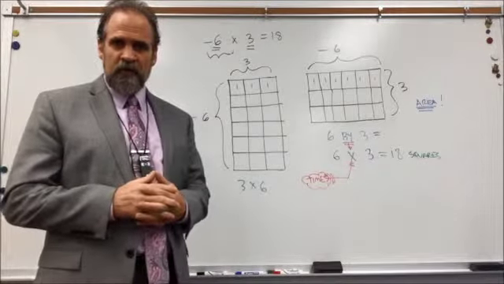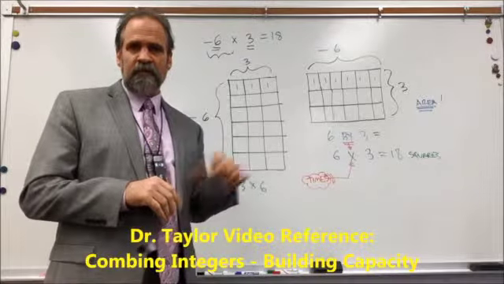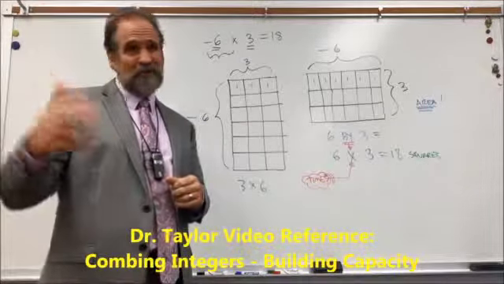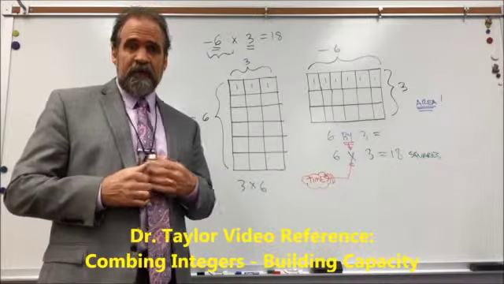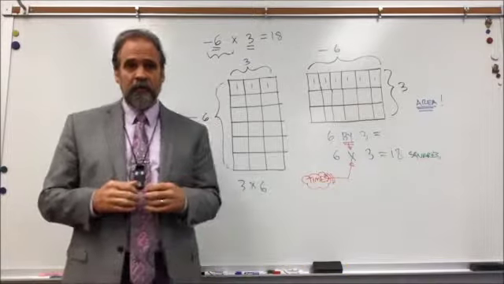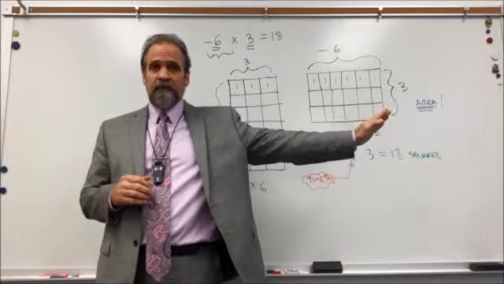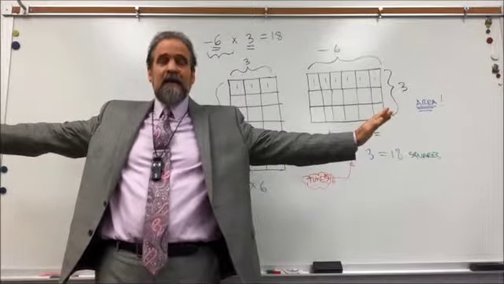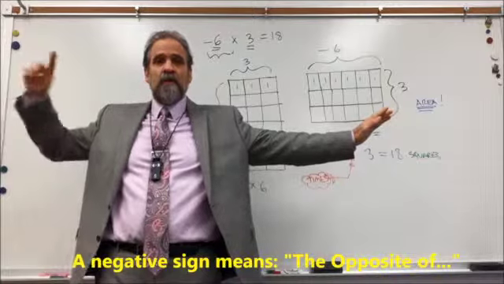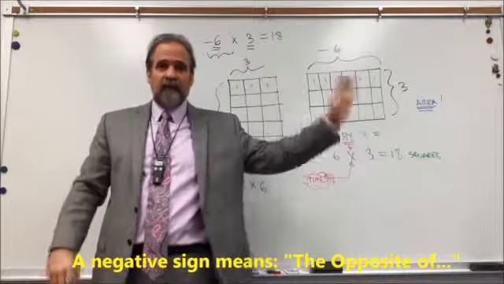Well, if you watched the video before, you saw me do a sort of mock demo of a discussion with no students, obviously, to unfold what negative meant. And in a nutshell, to unfold it here, when I'm on the number line, I'm going positive to the left and negative to the right. Left is the opposite of right. So when I put a negative sign in front of a number, I'm basically saying the opposite of that number.